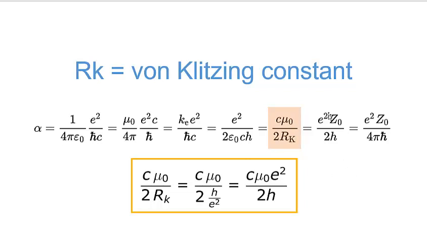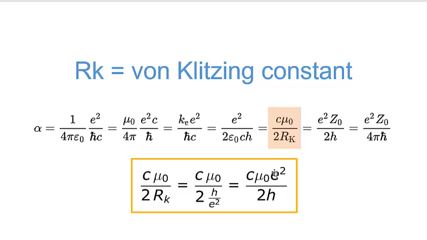And so when you map this out, this little term here, this von Klitzing constant, turns out to be h over e squared. So I'm not really sure why this h over e squared needs to be named after anyone, because it's actually just h over e squared. But then you can see that there is an elementary charge squared term in this term here, and it's written like this.